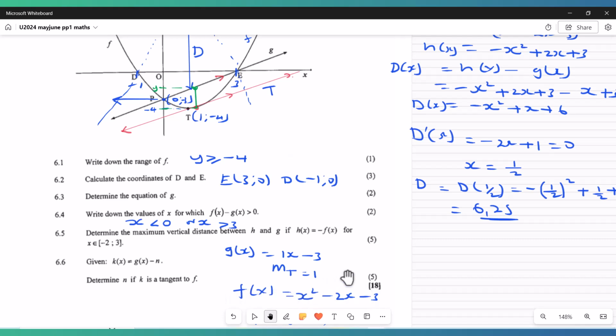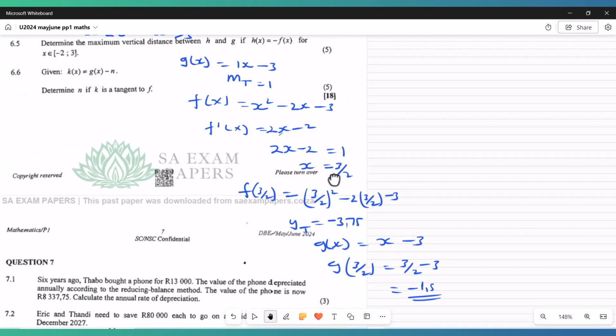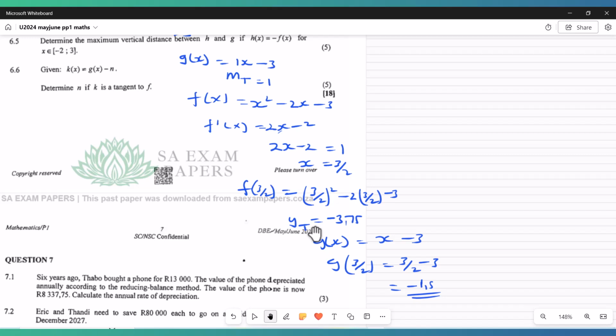I have the y for the g, which is negative 1,5. Then the y for the tangent is negative 3,75. So if I subtract the two, that must give my n. So n, the shift, is going to be the negative 1,5, which is the same as negative 3 over 2, minus the one which is negative 3,75.